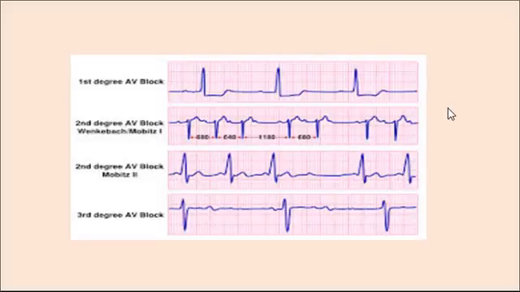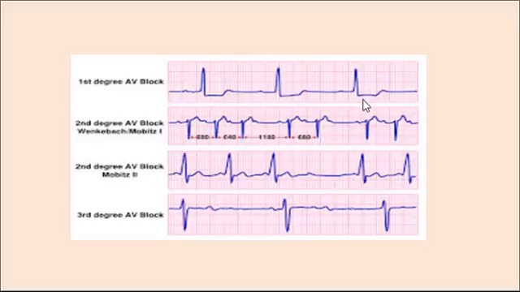So our first one, labeled first degree AV block, you will look and go, I have a PQRS, a PQRS, a PQRS. My rhythm is regular. My QRS is not greater than 0.12, so something's coming from the sinus. My rate is 300, 150, 175, 60, 50 something.